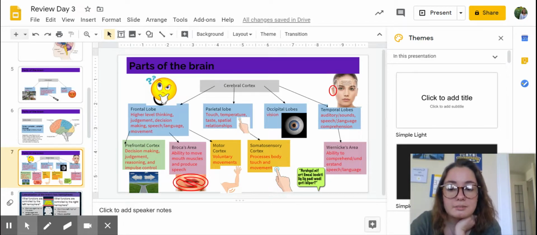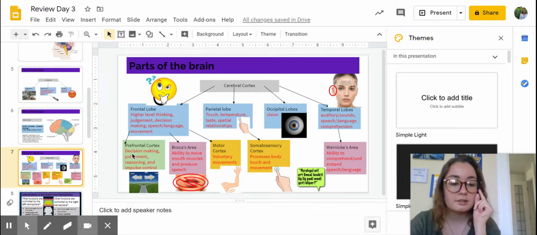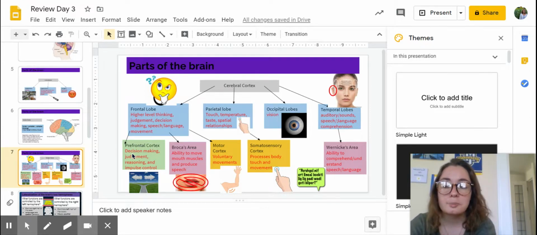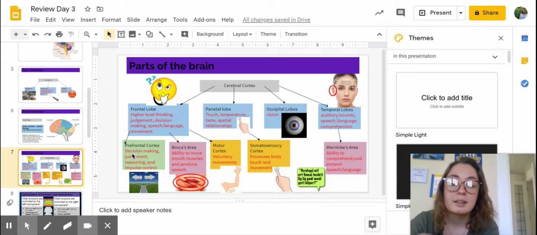Prefrontal cortex is really anything tied with cognition in here, because speech and language we also know is something cognitive. So prefrontal cortex is what we said that adolescents or teenagers often don't have developed fully until later because it's one of the parts of the brain that fully develops last. So prefrontal cortex, we know, decision making is the big one.